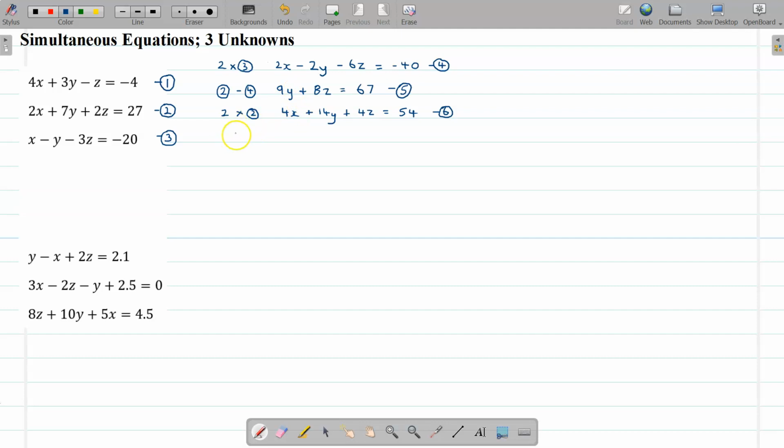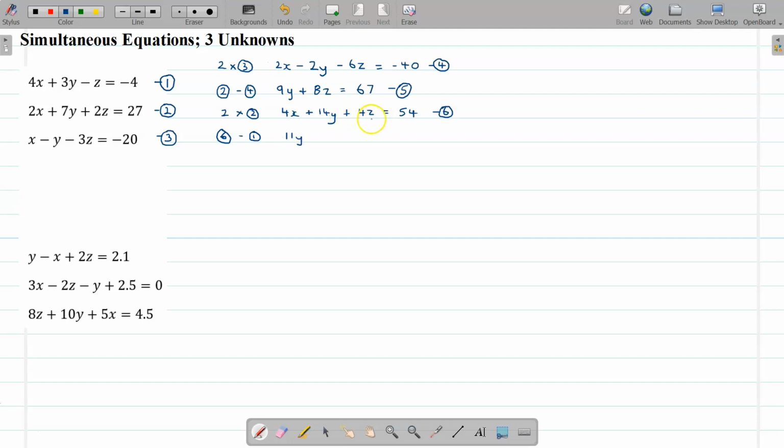So if I do equation 1 take away equation 6, that would give me a negative 11y. That would be okay, but it's better to do it the other way around. I'm going to do 6 take away 1, just so that I start the equation with a positive term. Okay, so 4x take away 4x is 0, 14y take away 3y is 11y.